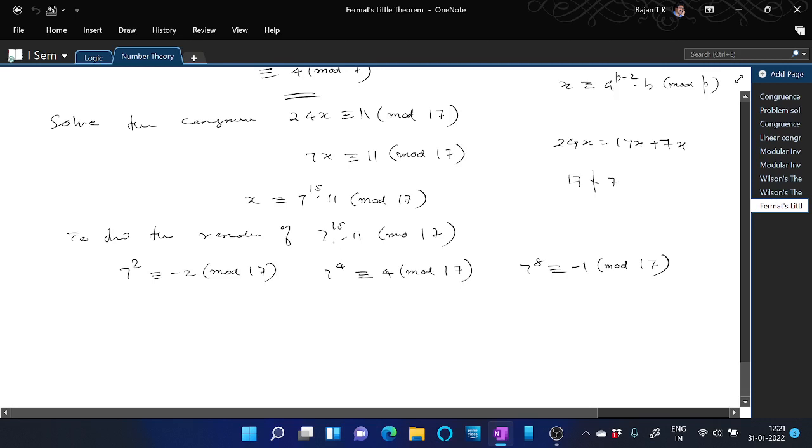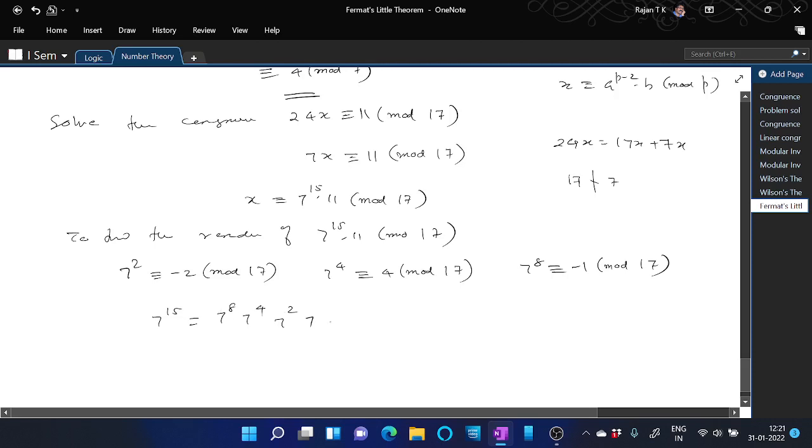Therefore, 7 raised to 15 you can write as 7 raised to 8 into 7 raised to 4 into 7 square into 7.